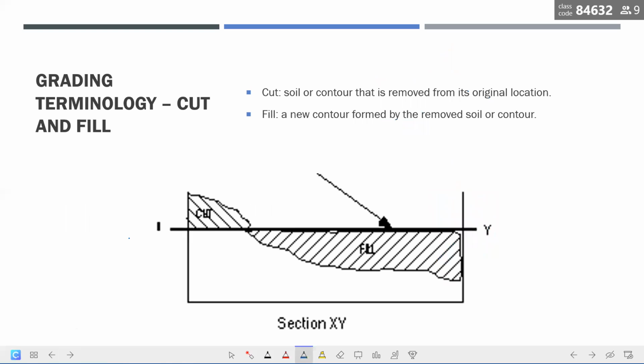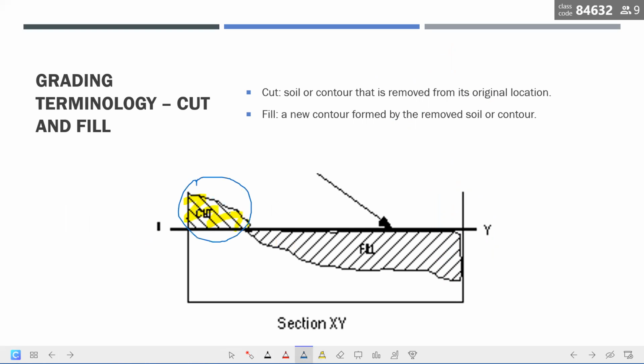Another terminology is the cut and fill. Cut is the soil or the contour that is removed from its original location, whereas a fill is a new contour formed by the removed soil or by the removed contour. For example, the shaded area you see here is the original topsoil or the original contour, and perhaps for one reason or another, you might need to cut the topsoil.